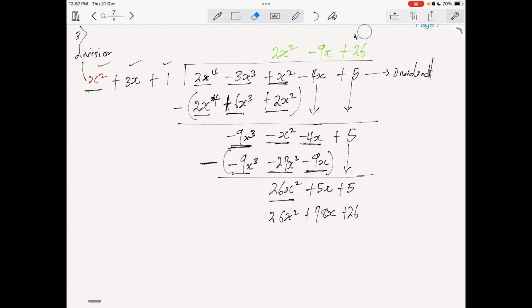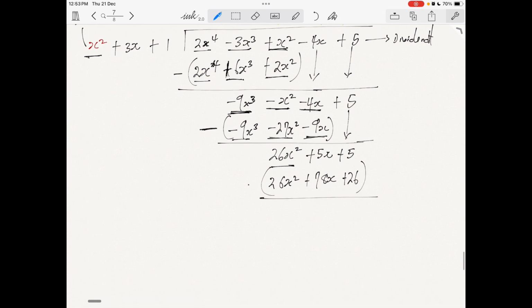And when we do that, we now subtract again further. So 26x squared minus 26x squared will give me 0. 5x minus 78x gives me minus 73x, and 5 minus 26 will give me minus 21.